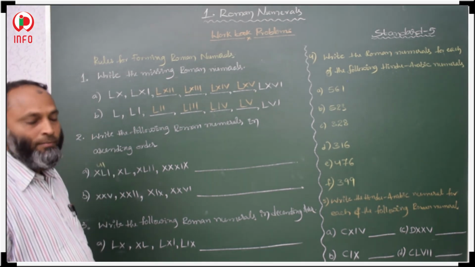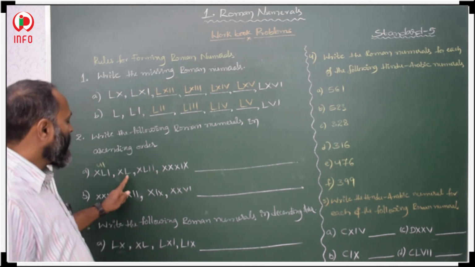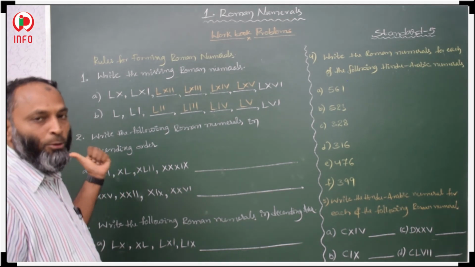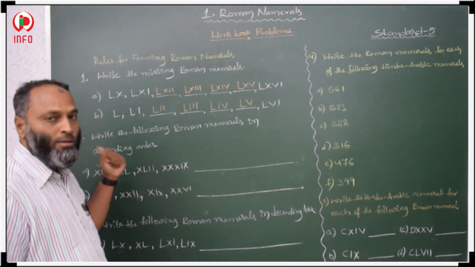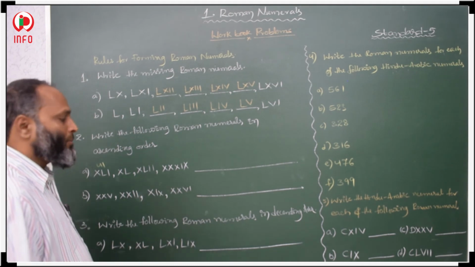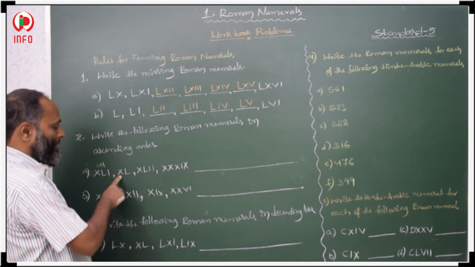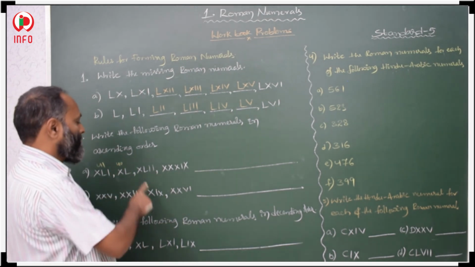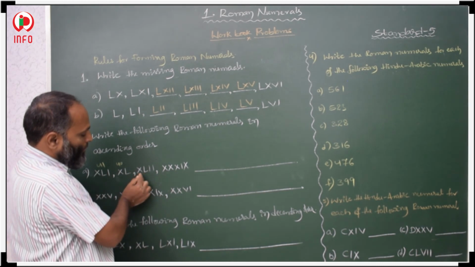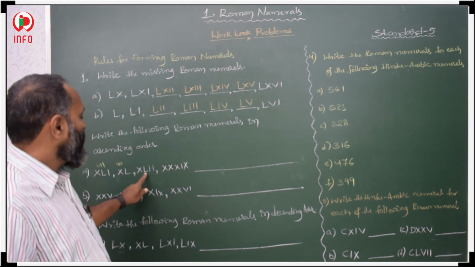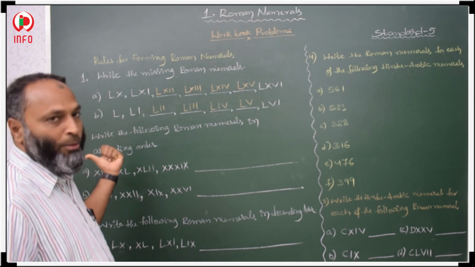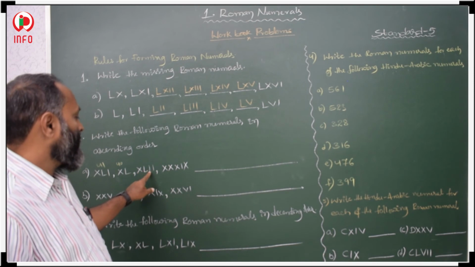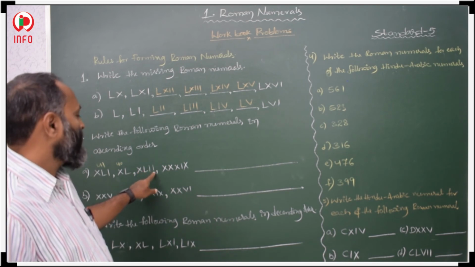This number is 41. For XL, the bigger Roman numeral is 50 and the smaller is 10. The smaller is on the left side of the bigger, so we subtract. 50 minus 10 is 40, 40 plus 1 is 41, 41 plus 1 is 42.